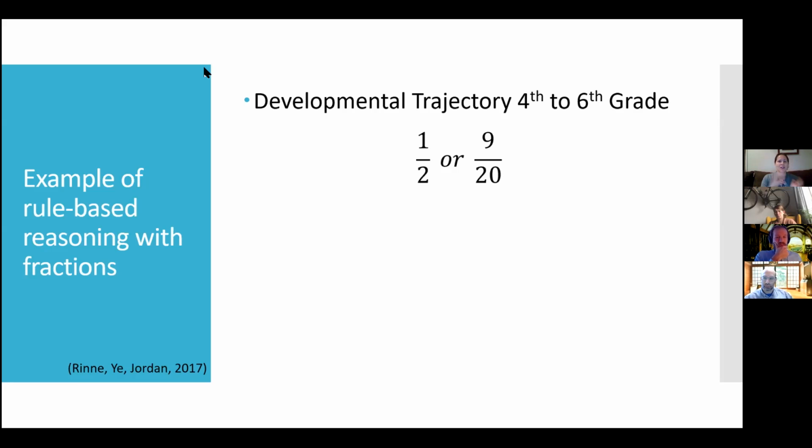They found a developmental trajectory between 4th to 6th grade that I'll walk through using this example: which is larger, 1/2 versus 9/20. Children in year 4 tended to use whole number properties, right? They would say, oh, 9 is bigger than 1, so 9/20 must be the larger fraction, and they would have gotten that wrong.